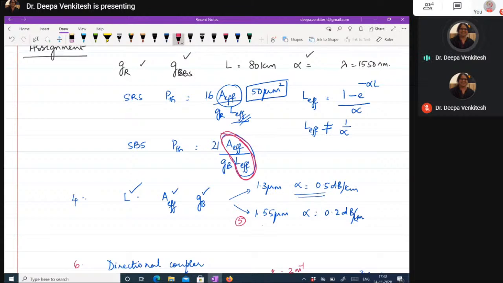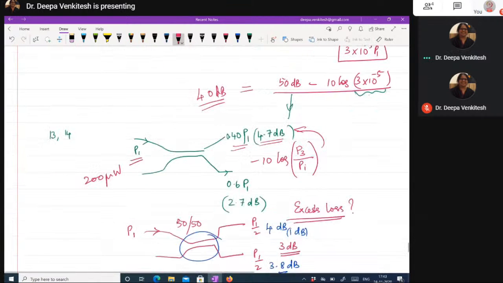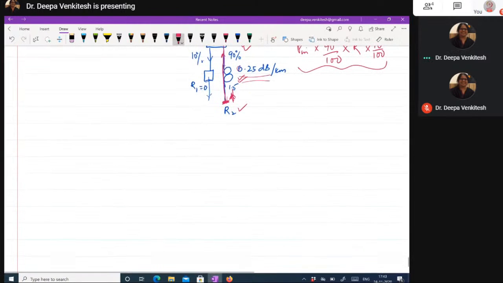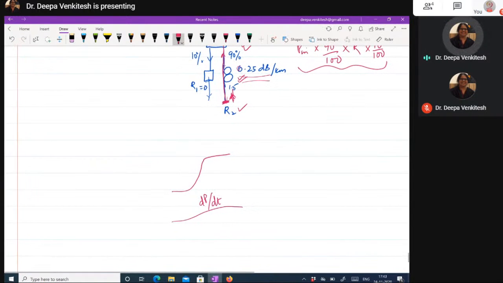Well, what can happen is that because of dispersion, the pulse gets broadened, and instead of very sharp variations you have a slow variation, so obviously your dP by dt will start reducing. So there's an indirect effect on SPM and XPM due to dispersion, but it does not require any phase matching.